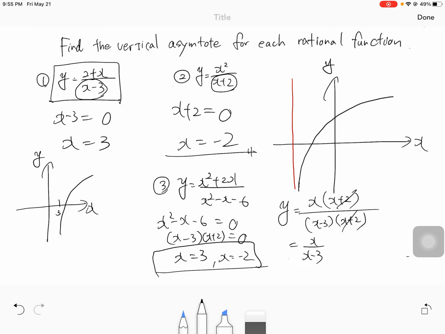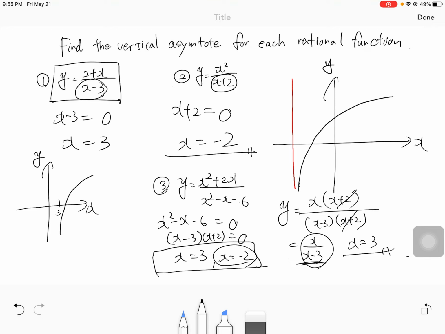These are the restrictions of the graph, but the actual function is this. This means x equals negative 2 is not a vertical asymptote. Only x equals 3 is the vertical asymptote. Okay? It's a bit tricky, but you have to be careful.